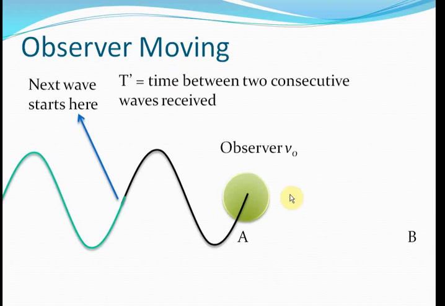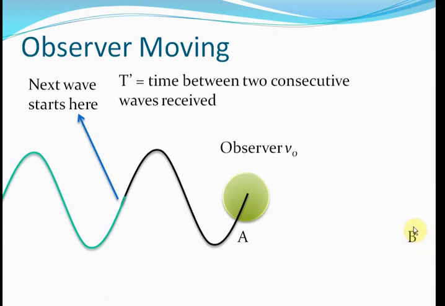So let's see what happens when the observer is moving. Let's take two time intervals, time t equal to 0 and time t equal to t dash. At time t equal to 0, we're starting the experiment. At time t equal to t dash, the observer will have completely received exactly one wave, right? So let's see what happens.